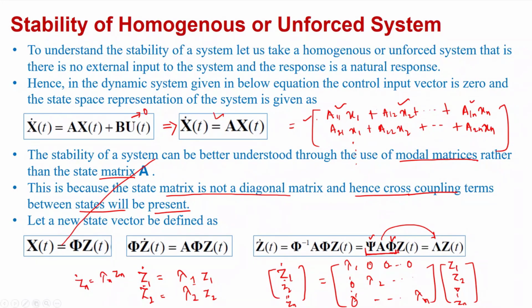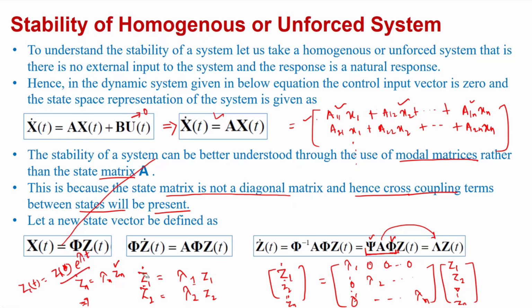That means I'm representing the derivative of a particular state as a function of that particular state variable, multiplied by a constant, and that constant is nothing but the eigenvalue. If we know the eigenvalue, we can directly get the solution: z1(t) equal to the initial condition z1(0) times e to the power lambda 1 t.